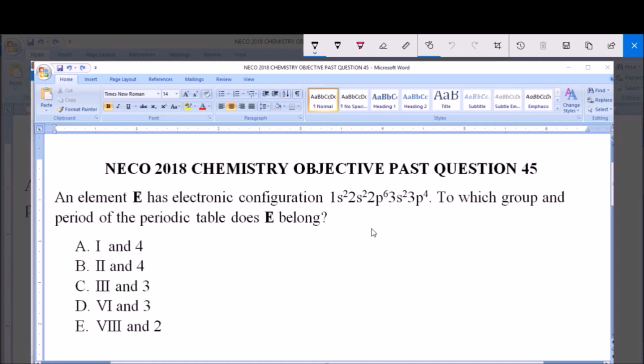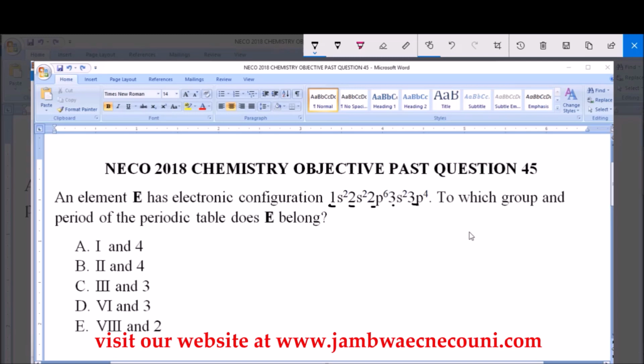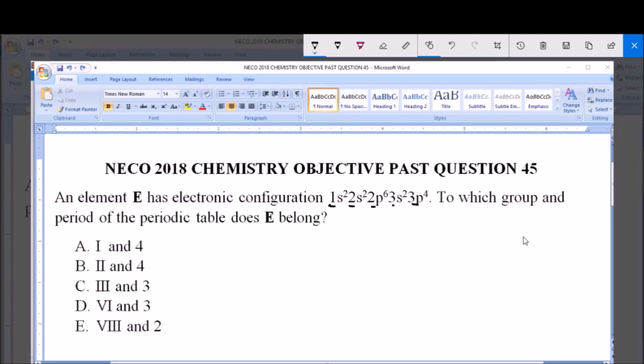Now, like we know, the 1, 2, 2, 3, 3 here represents the energy level of this element, that is, the shell of this element. And the outermost shell of the element represents the period of this element.